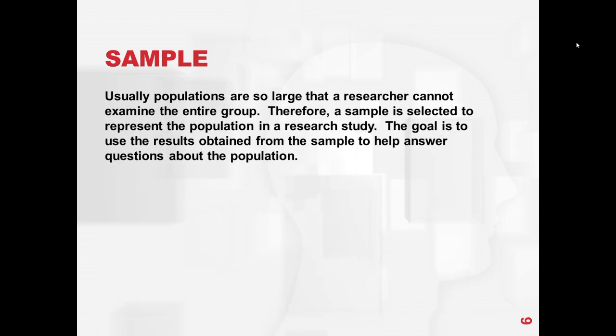So what is a sample? Usually, populations are so large that a researcher cannot examine the entire group. Therefore, a sample is selected to represent the population in a research study. The goal is to use the result obtained from the sample to help answer questions about the population.